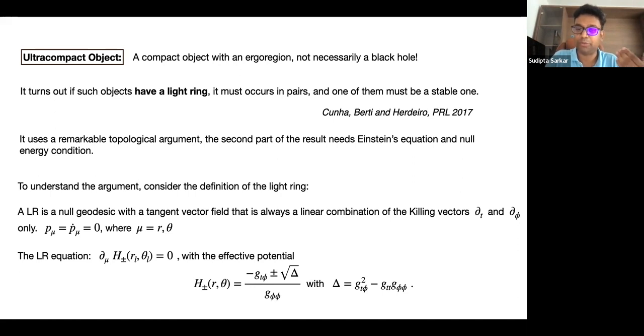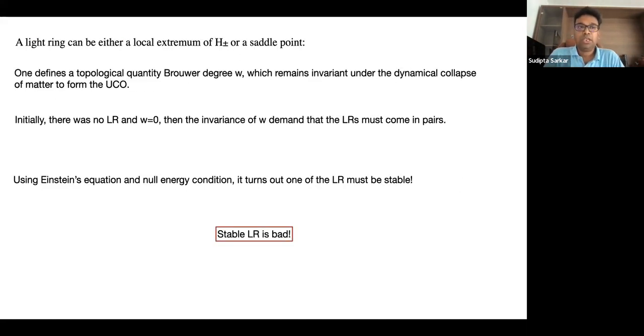This is like saying whether the potential has a maxima or minima. Good. So a light ring can either be a local maximum of h plus, or it could also be a saddle point. And then what they do in their paper, in Cunha's paper, they use a topological argument. They define some kind of topological quantity, and they prove that it must be invariant.